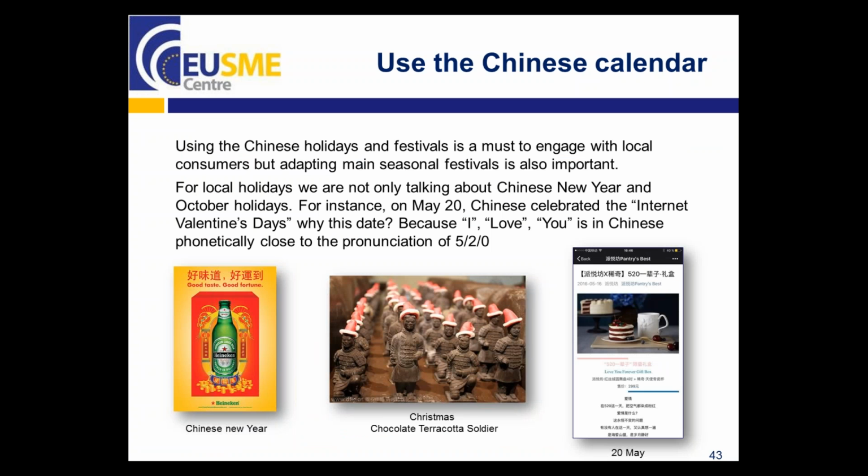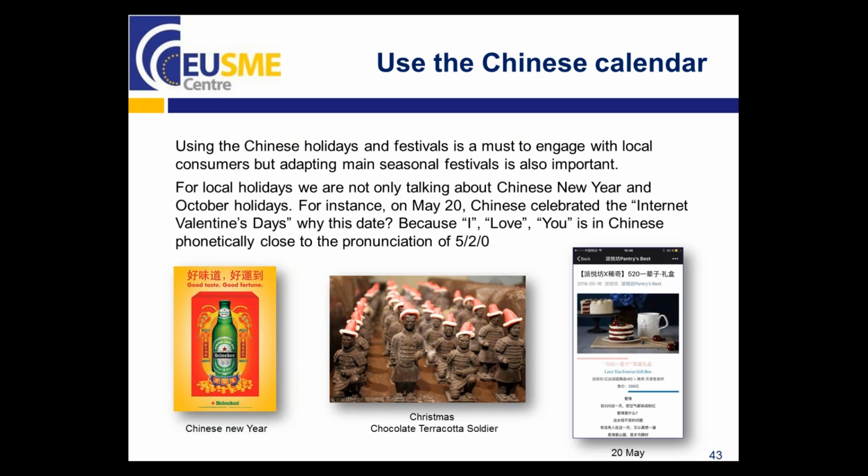Okay, last but not least, the last point is to use the Chinese calendar. Using festivals and holidays is something that many of us do in our day-to-day marketing, for sure.